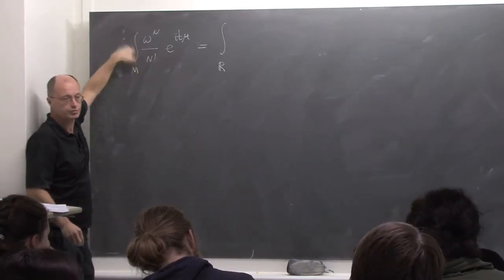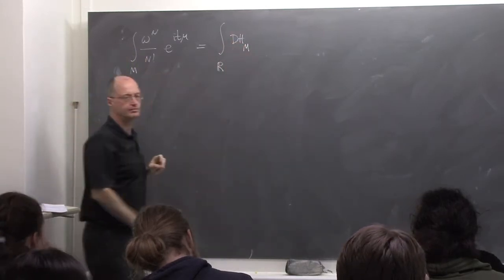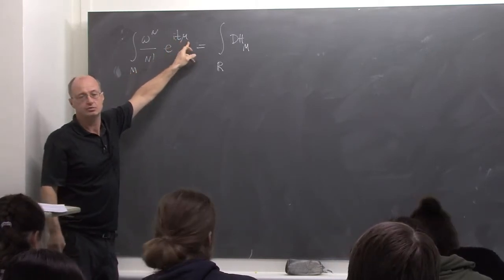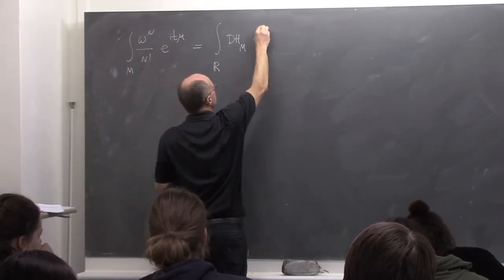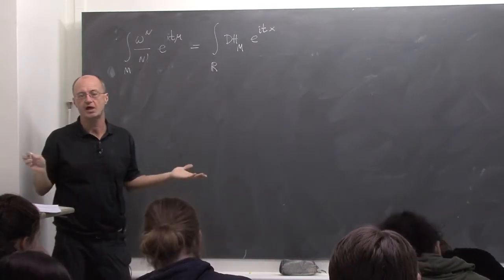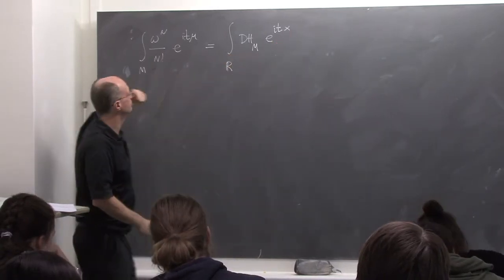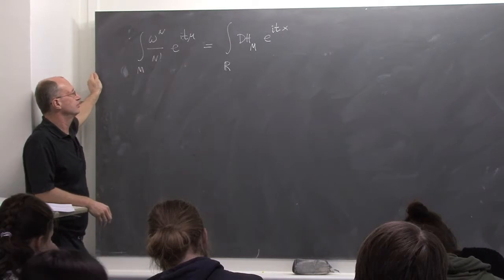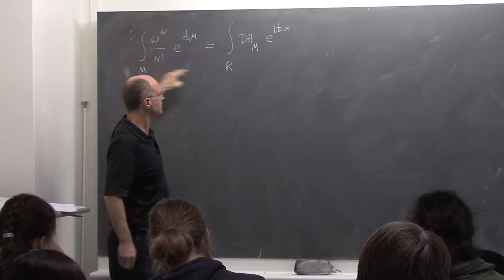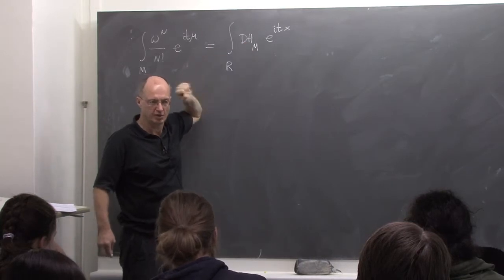So we already know that the push forward of the measure, just by definition, is called the Duistermaat-Heckman measure of M. But this function, exponential of i t mu, is actually just a pullback under the moment map of the function exponential of i t x. Because mu is equal to x, that's just what we do when we perform the push forward. Right, so in fact, this left-hand side is a kind of Fourier transform of the Duistermaat-Heckman measure.